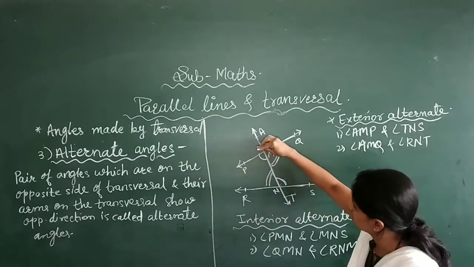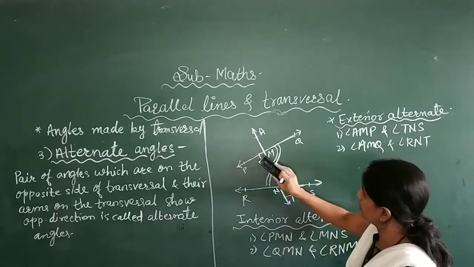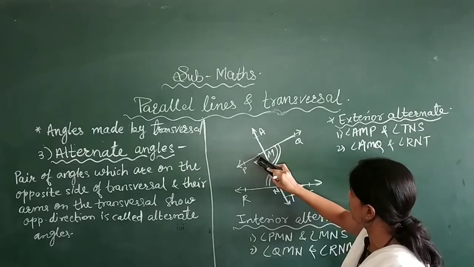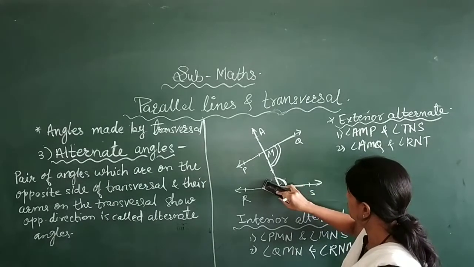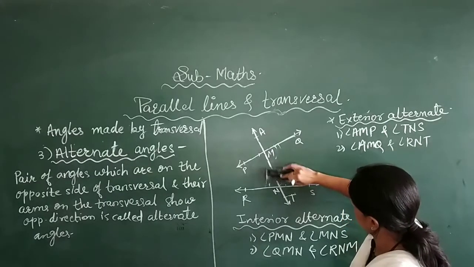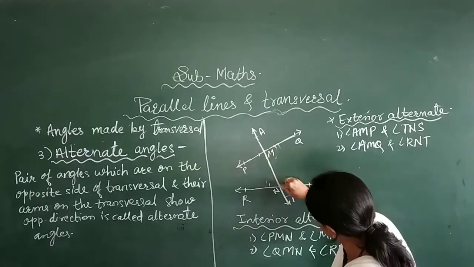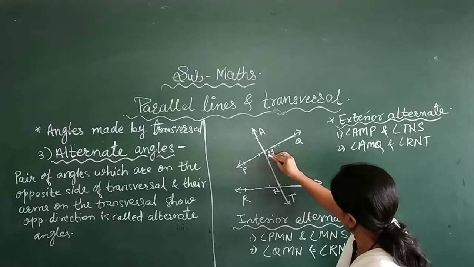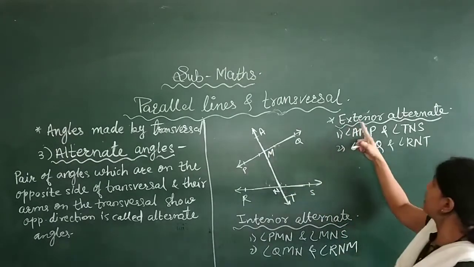AMP means this angle. We'll rub this out, so that you are not getting confused. Suppose this is your diagram. Which is the exterior?